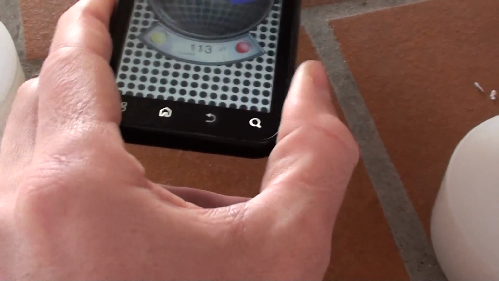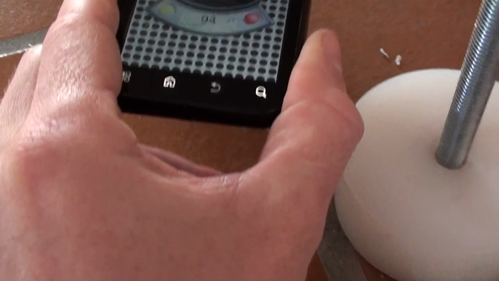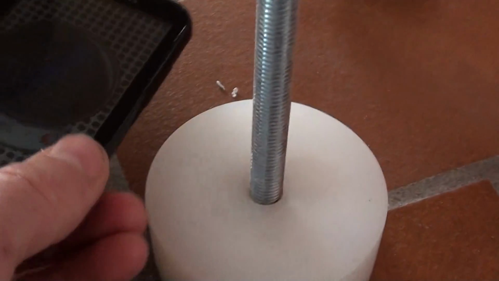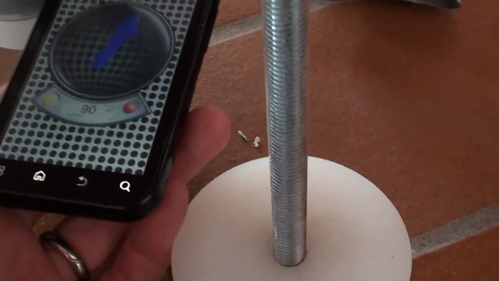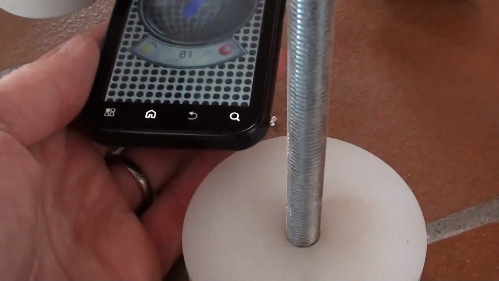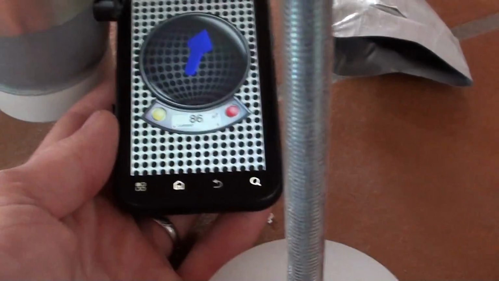When we are just at the motor, you can see what happens. So that's it.